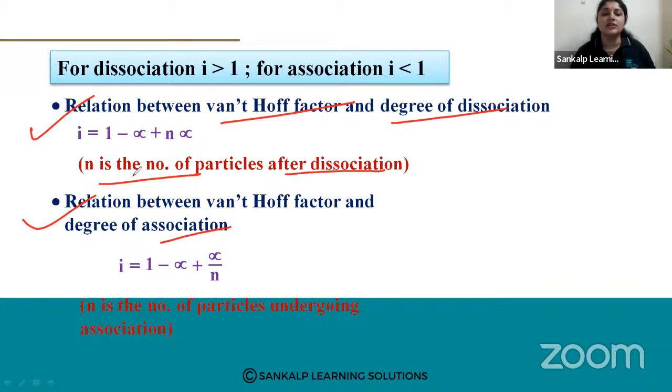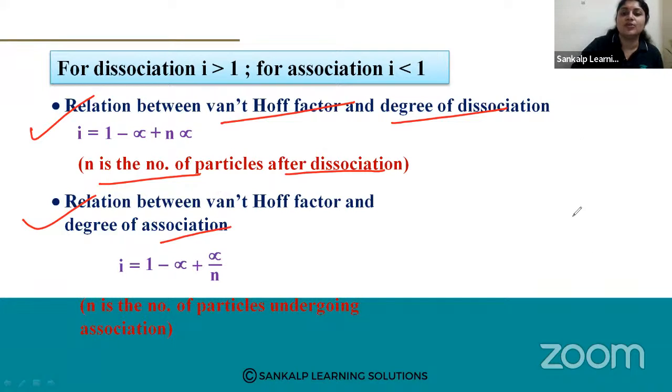So these are the two formulas for association and dissociation. Remember this.